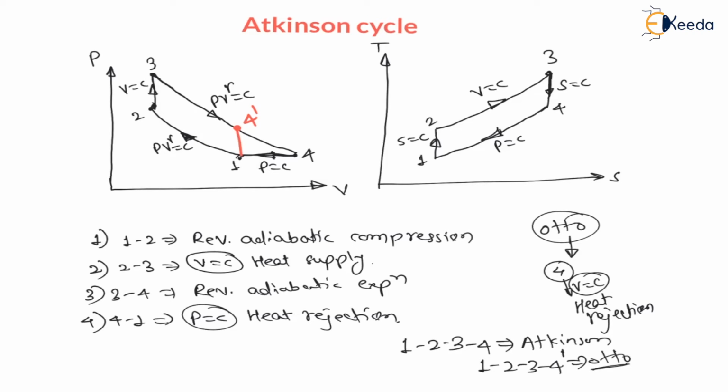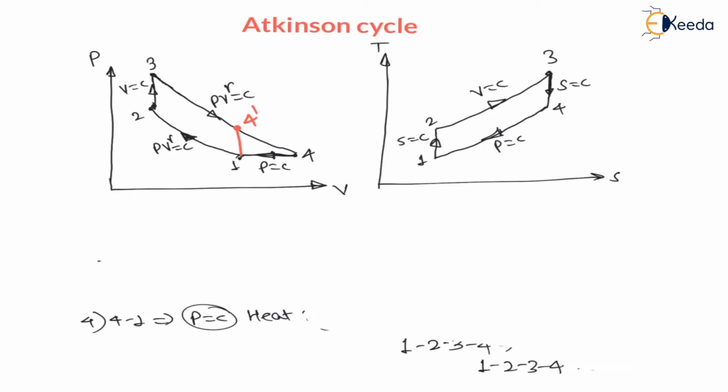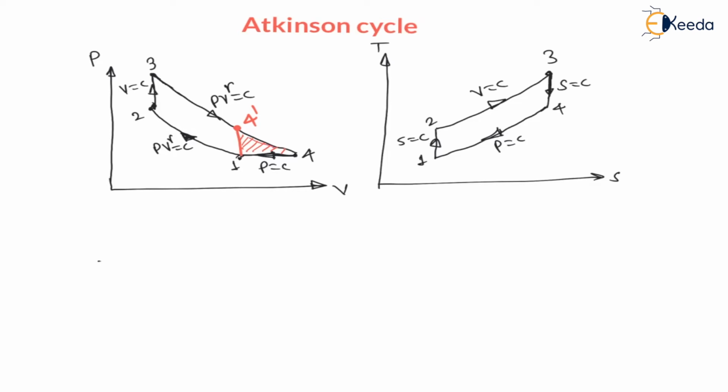And my dear students, we know that the area enclosed by any cycle is net heat as well as net work, right? Now let us find the area of cycle. Can I say here the red color hatching area is the extra area of Atkinson cycle as compared to Otto cycle, right?